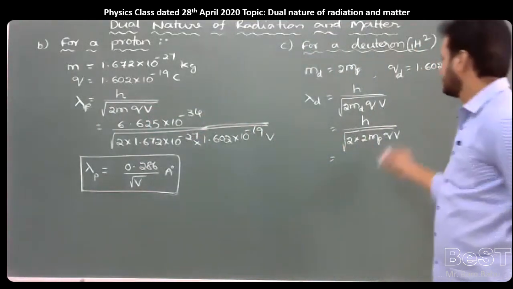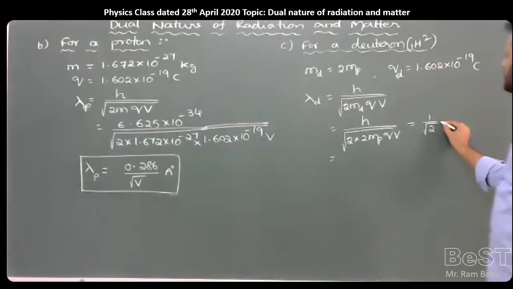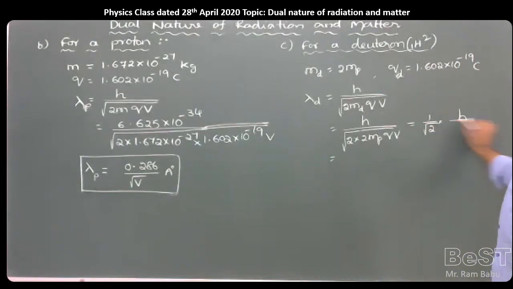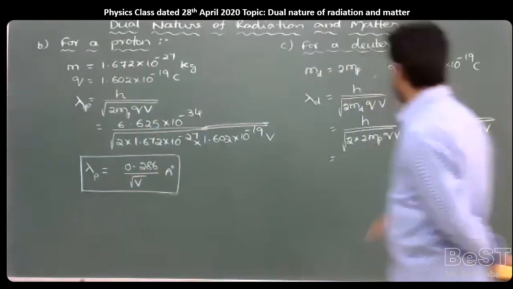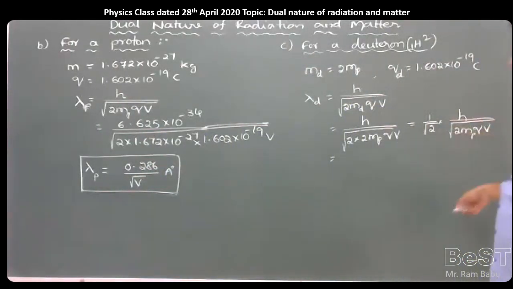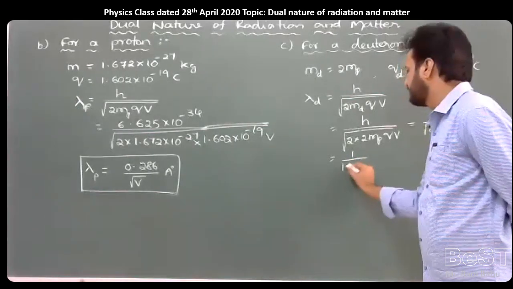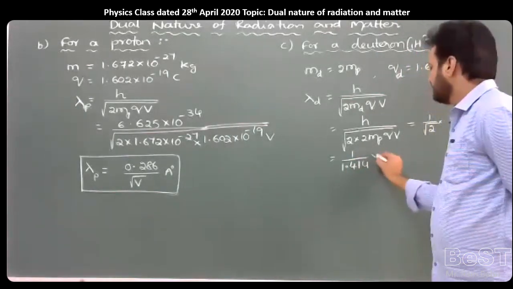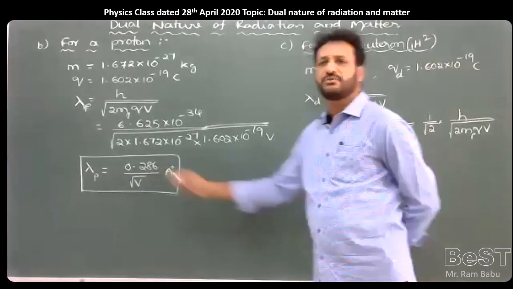You should write it is equal to 1 by root 2 into this total value, h by square root of 2m qV, where m here also represents the mass of the proton. But we already calculated this total value. 1 by root 2 is equal to 1.414, and this total value we already obtained as 0.286 by root V.